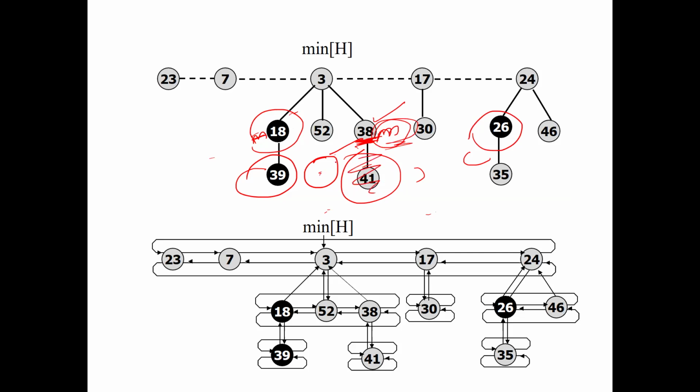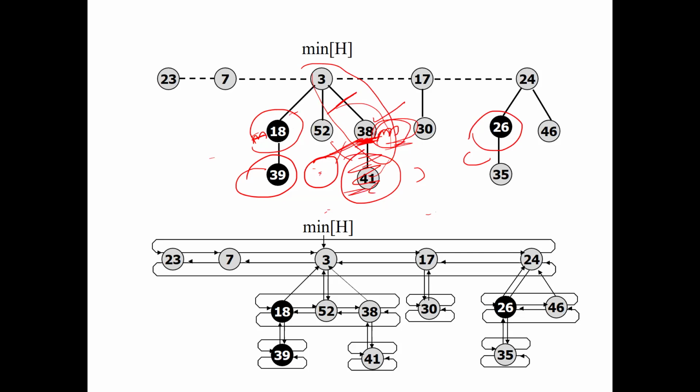And once this is gone, suppose that this 38 had one more child and it is in a marked state, and due to some reason you have to remove this child also. So what is the meaning of mark? When it lost its first child, you marked it as black and you did not cut it from its parent node. It is still in this position with respect to its parent.